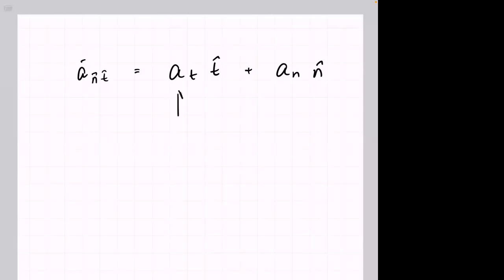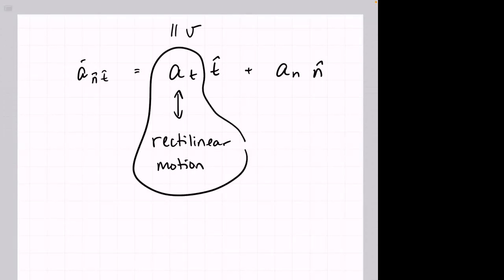The acceleration in the t direction is parallel to velocity, which means that we can treat it as if it were rectilinear motion, which was in section 2 of this chapter, I think. But everything that applies to rectilinear motion applies to this variable, because this variable does not care at all about the direction. It only cares that it is speed. That speed could be going in any direction, doesn't matter.